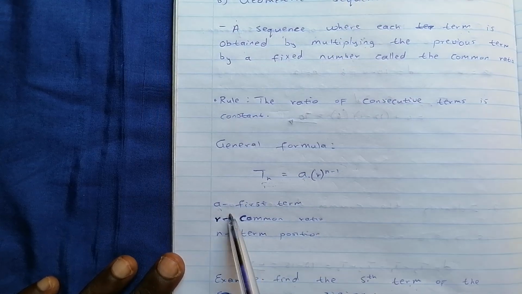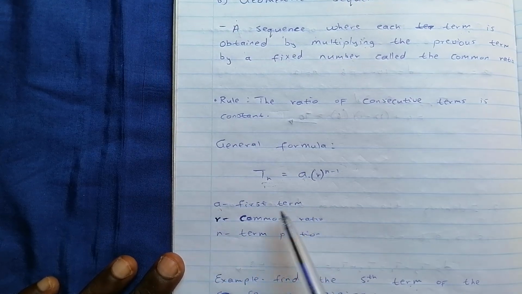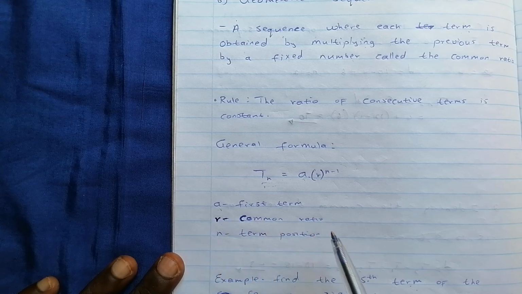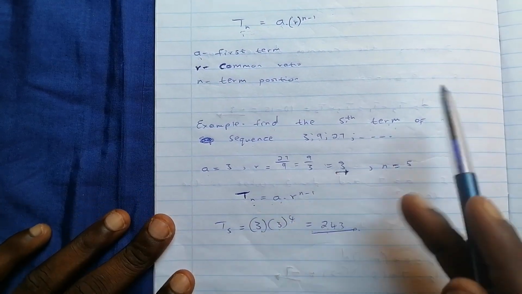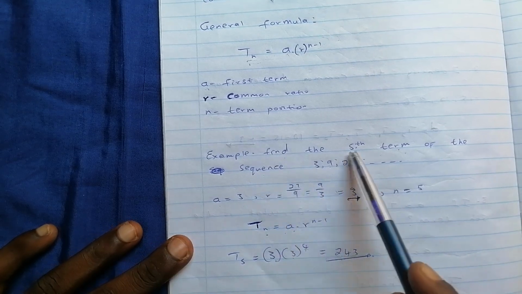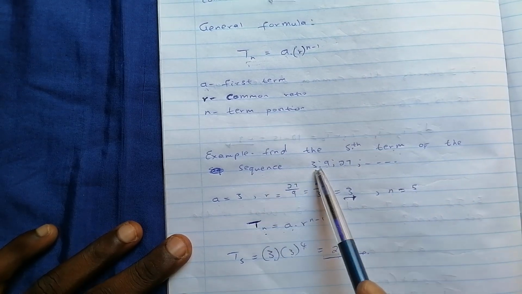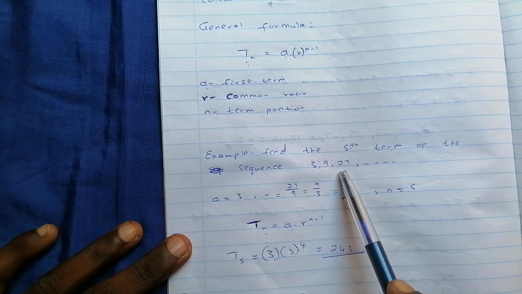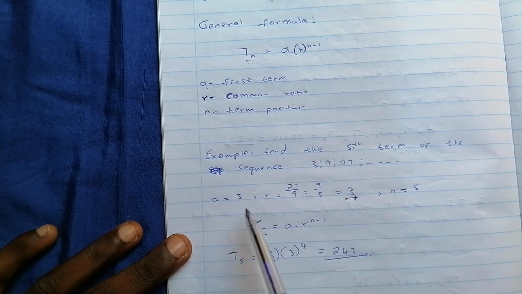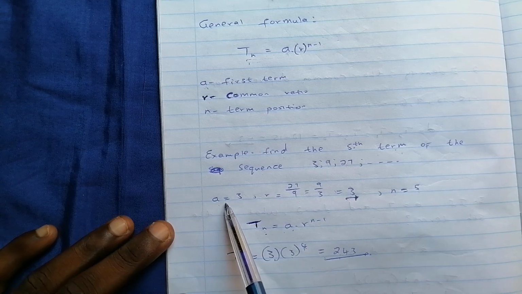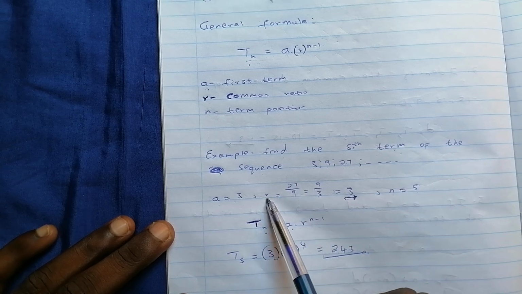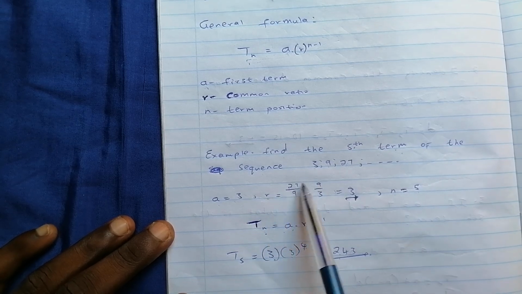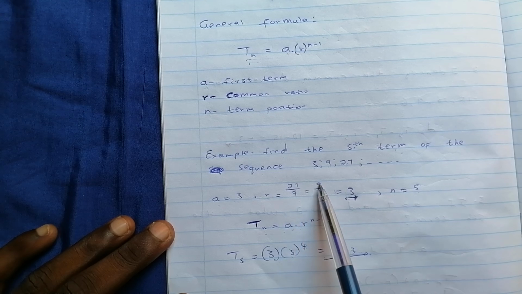Your a is your first term, it doesn't change. Your r is your common ratio, and your n is the term position. Let's look at an example and solve. It says find the 5th term of the sequence 3, 9, 27. First we note down what we're given, which is your first term a, and then calculate your common ratio, which is T2 over T1 or T3 over T2.